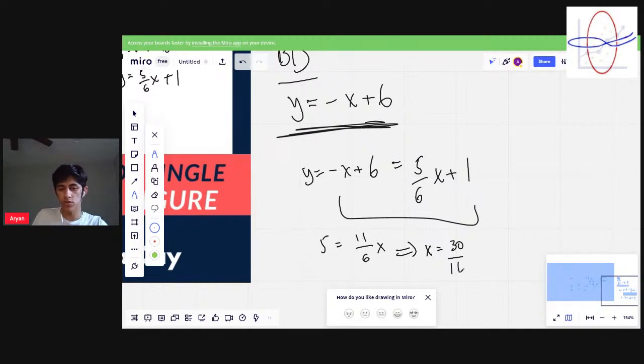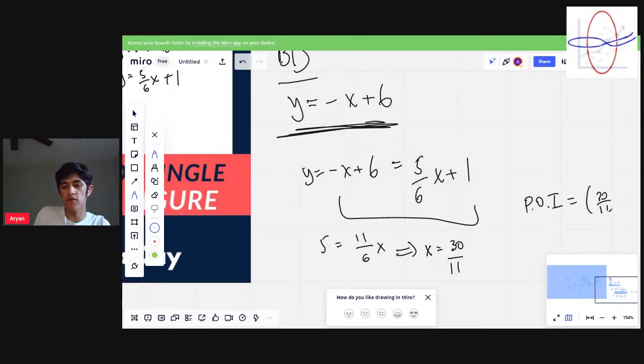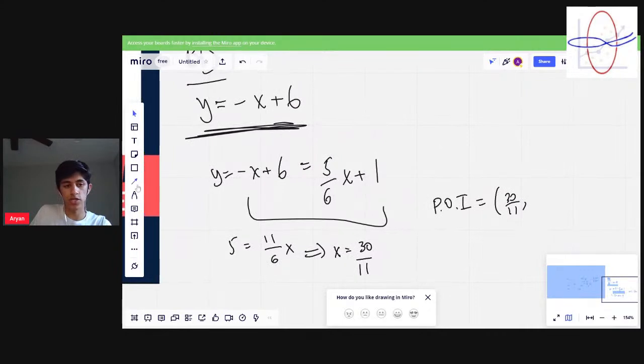So we just want to do -x plus 6 to get our y coordinate. So our point of intersection has 30/11 for our x coordinate, and our y coordinate would be 6 minus 30/11, which is 66 minus 30, so 36/11.